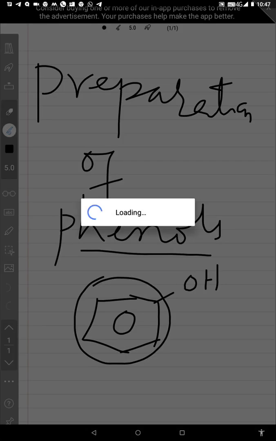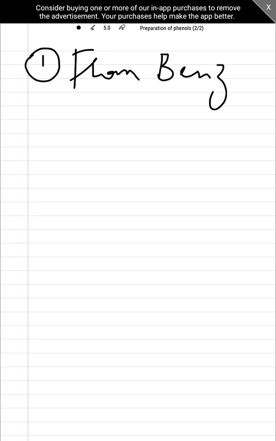Let us move to the first method for the preparation of phenol. First method, from benzene. How can we prepare it from benzene? Let us see now.